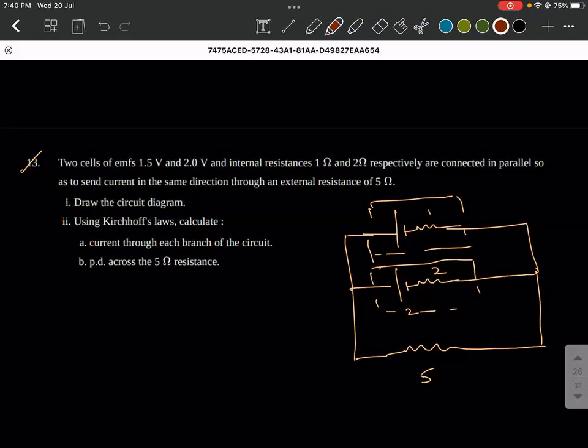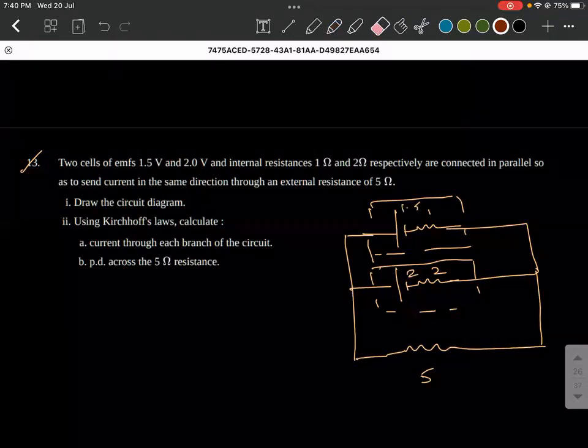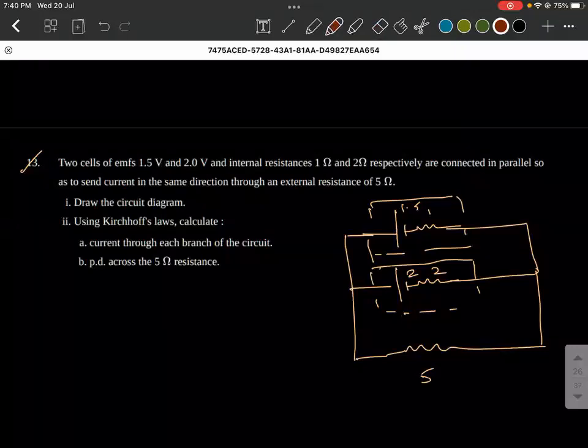Using Kirchhoff's law, calculate the current through each branch in the circuit. So they want us to use Kirchhoff's law. Can you find the current in each branch? Can you do it fast? So let's label them A, B, C, D, E, F. If you take the loop A, B, D, E, A, you will get one equation. If you take the loop F, C, D, E, F, you will get another equation.